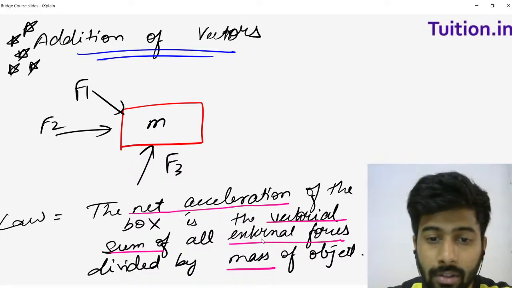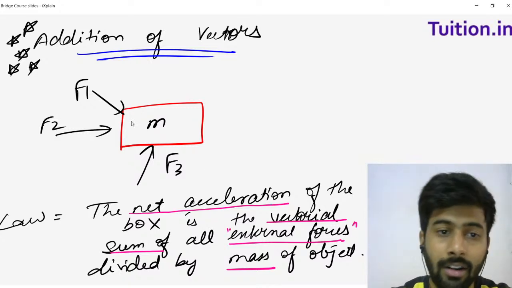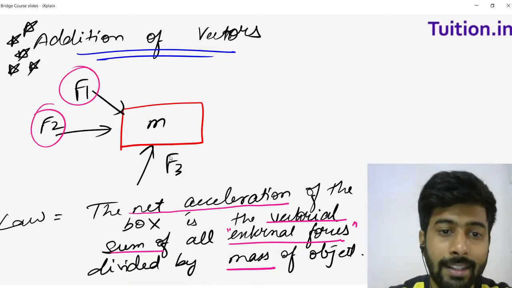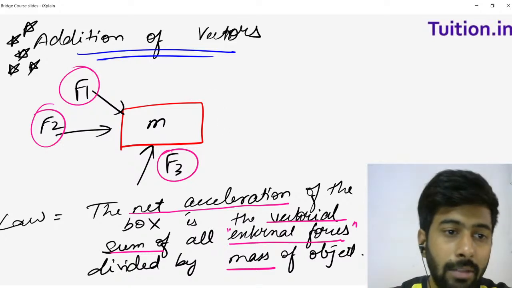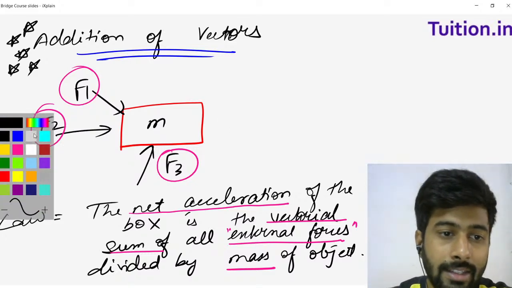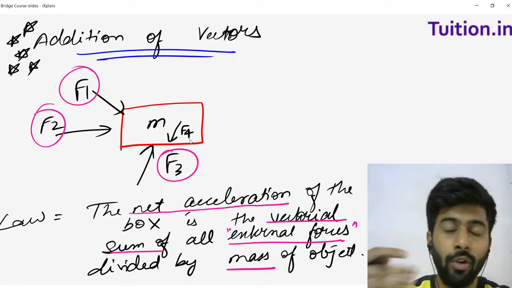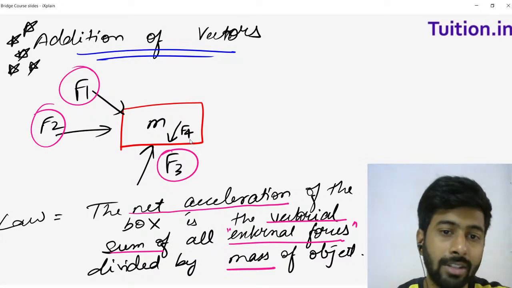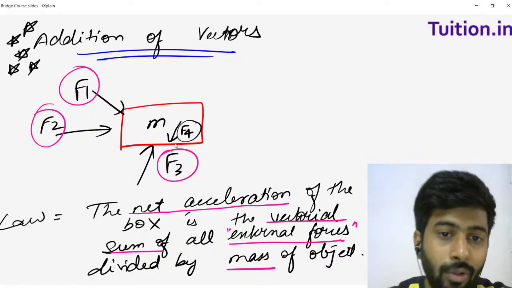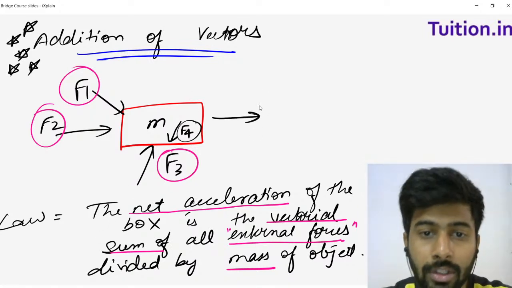So the first thing, your forces have to be external. F1, F2, F3 are external because they are not inside the body. Let's say there is a force F4 acting from inside the box. I'm teaching a little bit of Newton's laws of motion here, but fine. Do you think this force F4 is going to contribute to the acceleration?